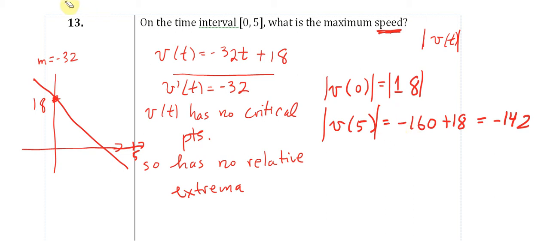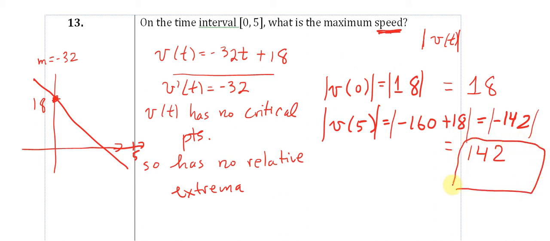So this is still 18, and this is equal to 142. So that means the maximum speed occurs at a value of 142 meters per second.